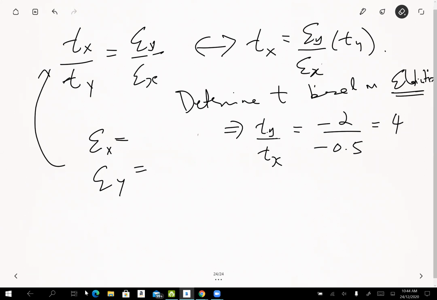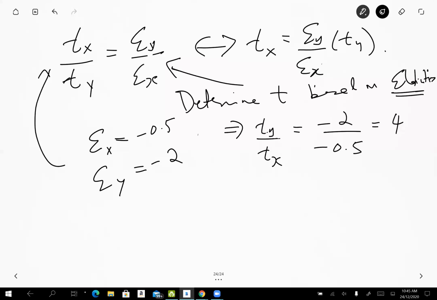Ex is equal to negative 0.5, Ey equal to negative 2. All right, so you put into here Ey over Ex, that will be equal to negative 2 divided by negative 0.5, which is equal to 4.